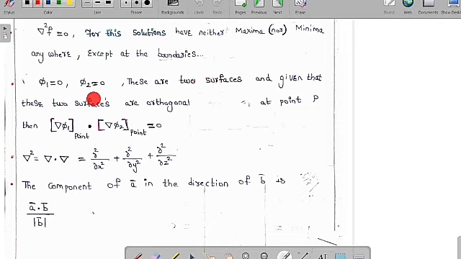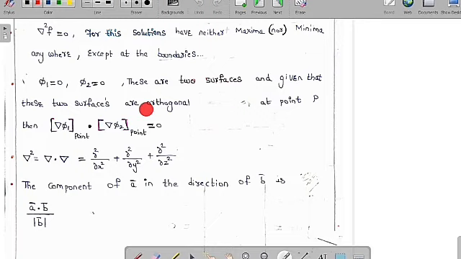If phi1 is equal to 0 and phi2 is equal to 0, these are two surfaces, and given that these two surfaces are orthogonal at a point P, they satisfy this property: del of phi1 at that point dot del of phi2, the gradient of the scalar function at that point, should be equal to 0.